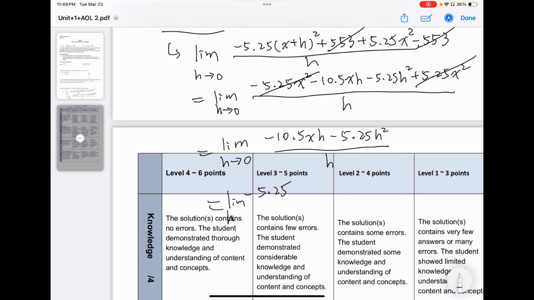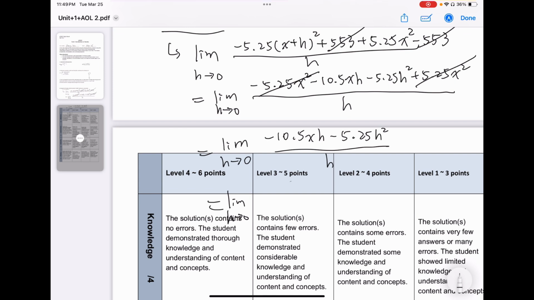Limit towards 0, and then x, oh no, we can basically plug in x right now, so we don't have to do it like that.